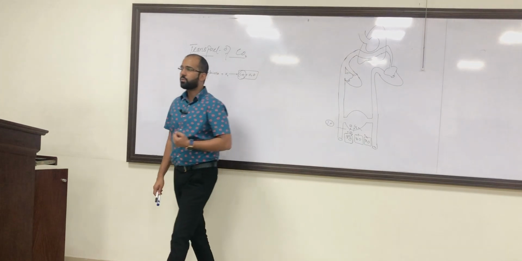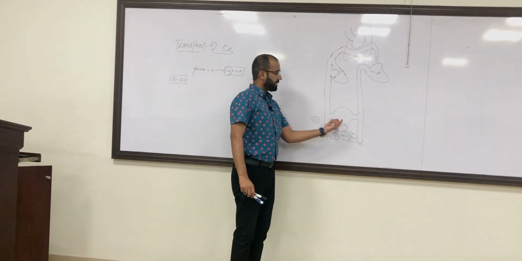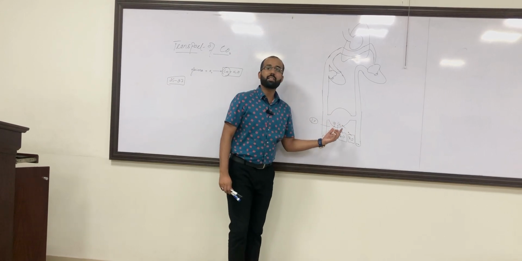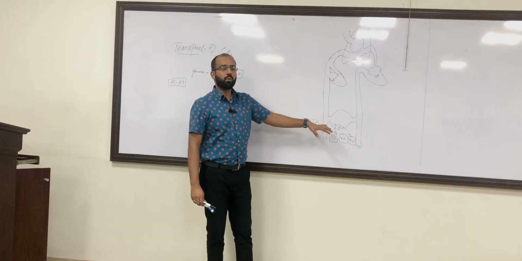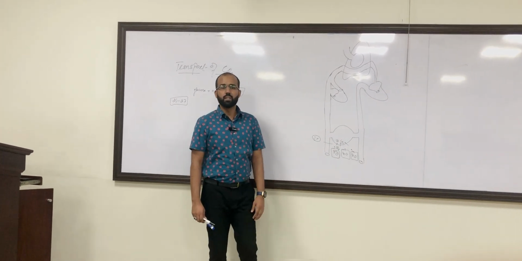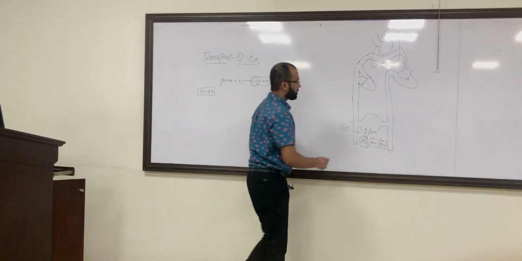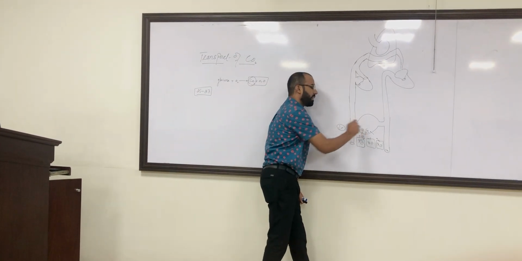Why? Because if we want to remove carbon dioxide as carbon dioxide, in the gaseous form or dissolved in the plasma fluid, we need very high pressures. Our body does not have such high pressures, so the carbon dioxide is not transported as carbon dioxide.